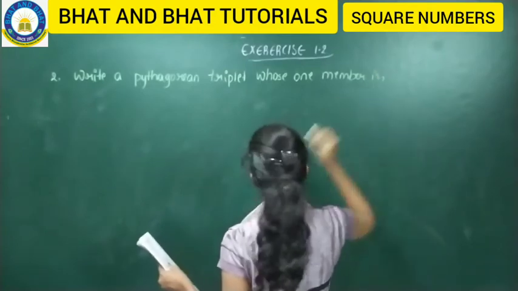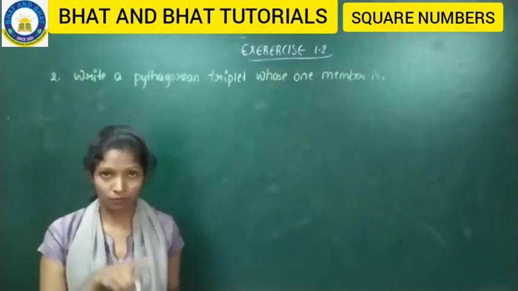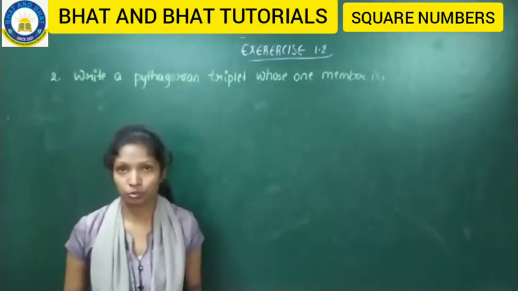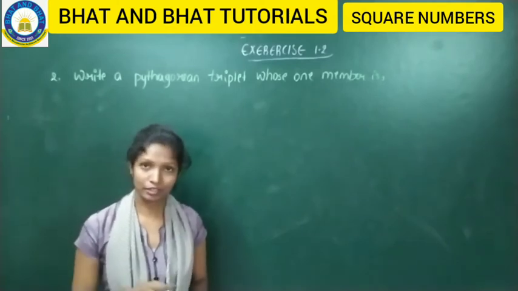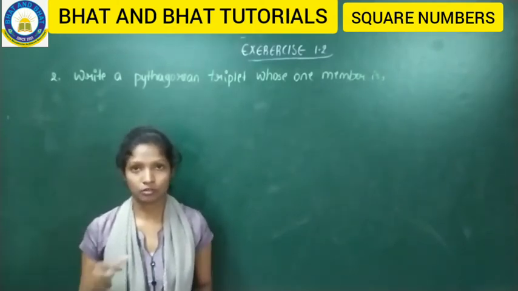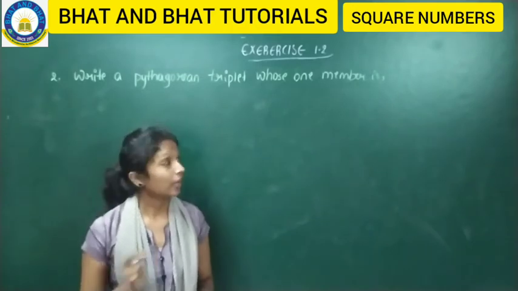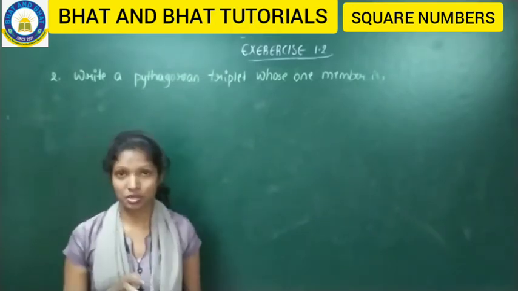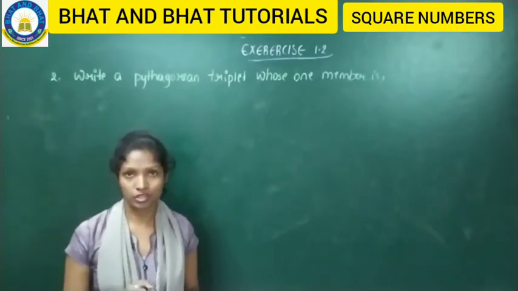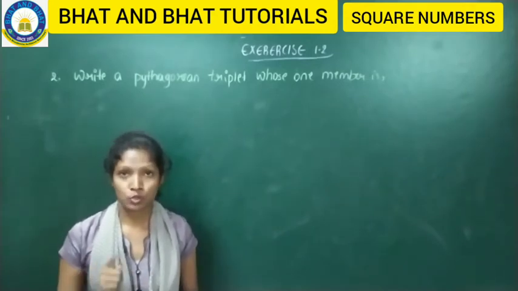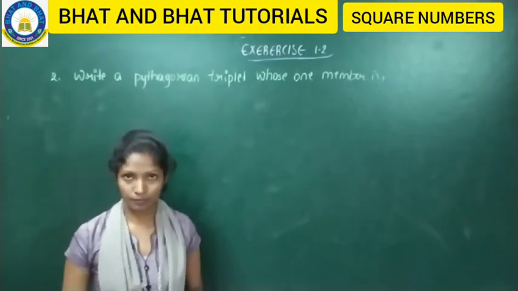That means in the Pythagorean triplet, one of the numbers that you are going to get, they have given you over here. So by having that information, you have to find out the other Pythagoras triplet members. And here when we are finding this triplet, we will be using the general form, that is 2m, m square minus 1 and m square plus 1.